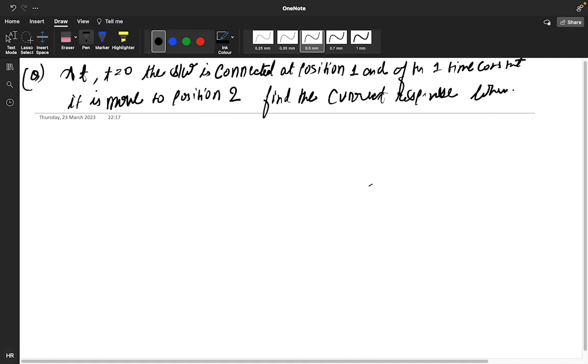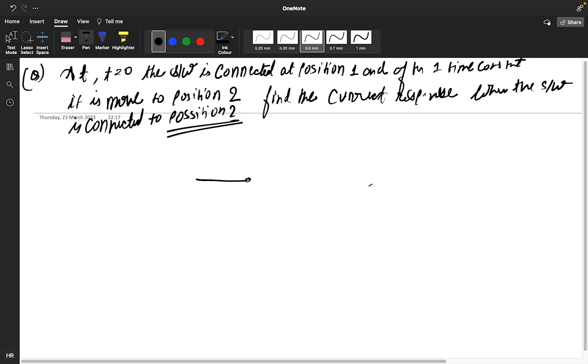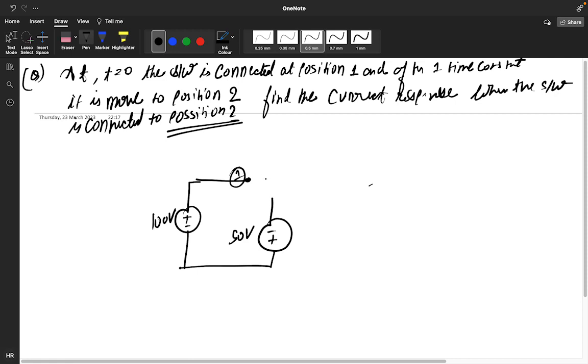Switch is connected to position 2. So see, the circuit is this simple circuit: negative positive, positive negative, 100 volt, this is 50 volt, this is position 1, and this particular is your position 2 switch.